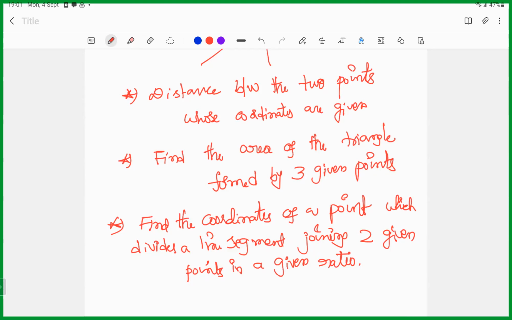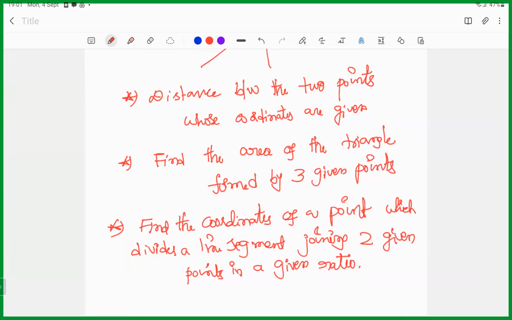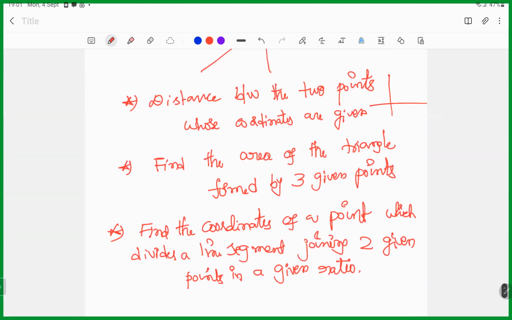What are we doing here? So the first one is, let's say the 2 points are given. Then we'll find out the distance. Point A, point B. We'll find the distance between the point A and point B. That's the first thing.